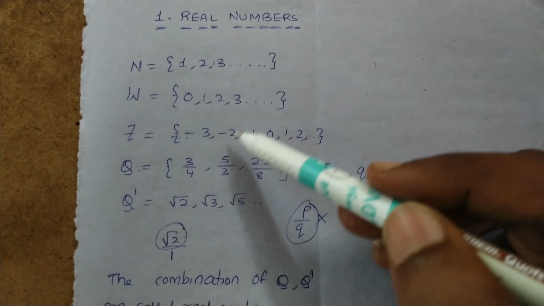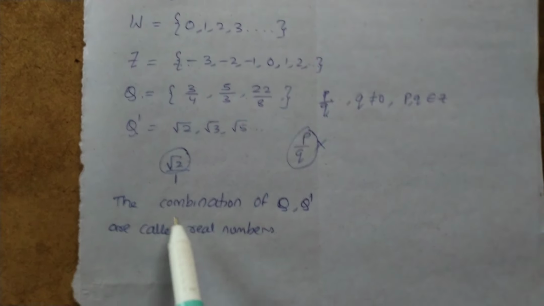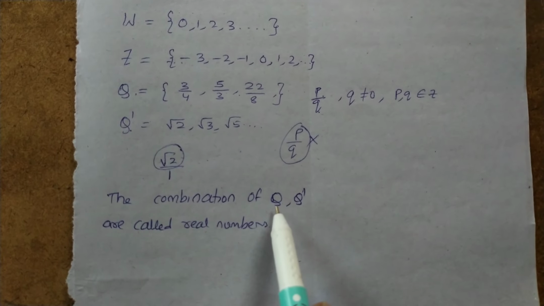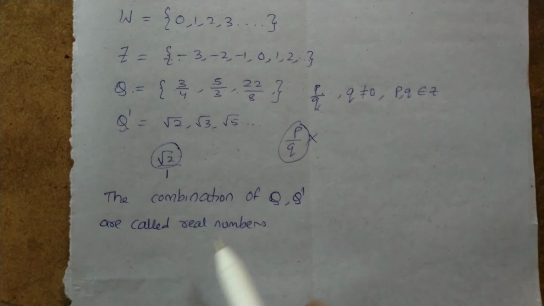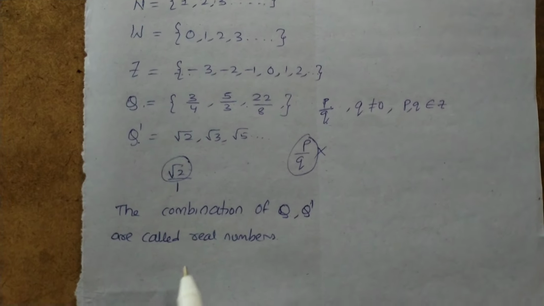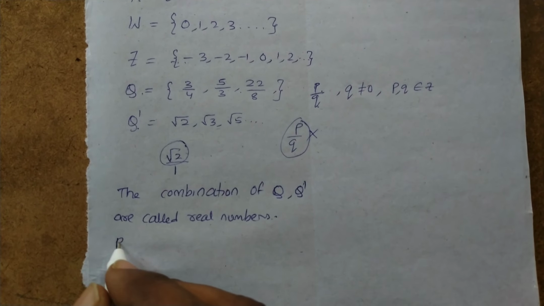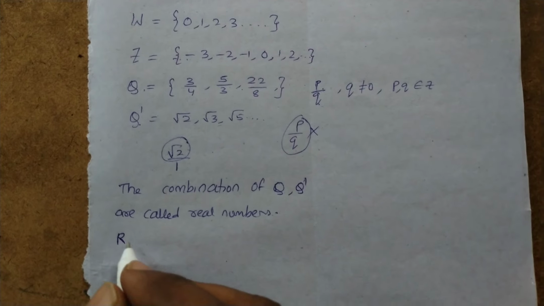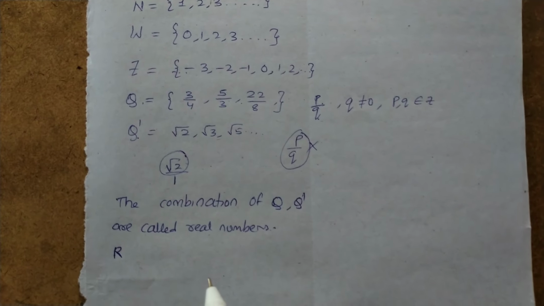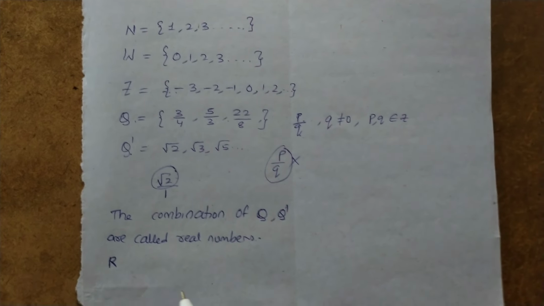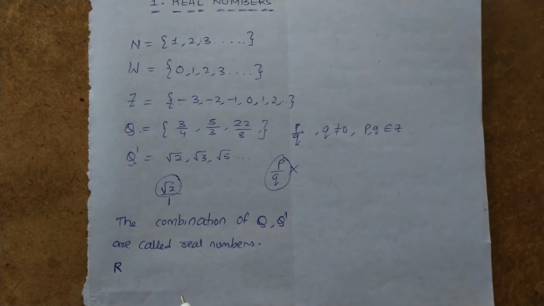So instead of writing all these, we just write the combination of rational numbers and irrational numbers are called real numbers. This is the definition, and real numbers are denoted by capital R. Is that clear? This is the small introduction of real numbers.